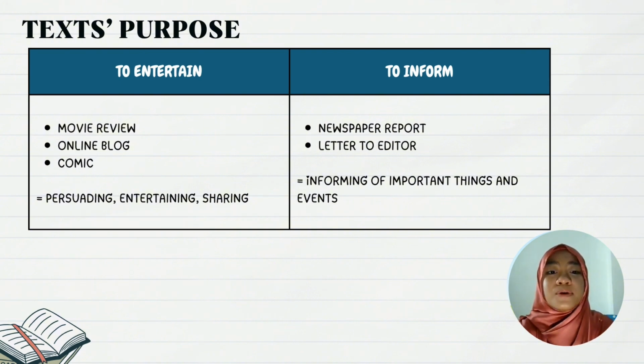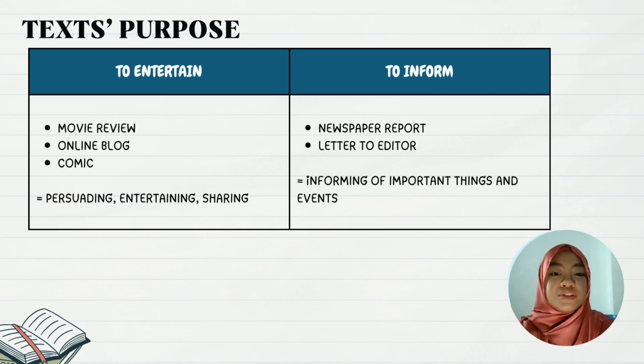So in what we will be analyzing today, I have divided the column into two, which is to inform and to entertain, because these two are the main purpose that the author of these materials are writing for. For example, there is to inform.